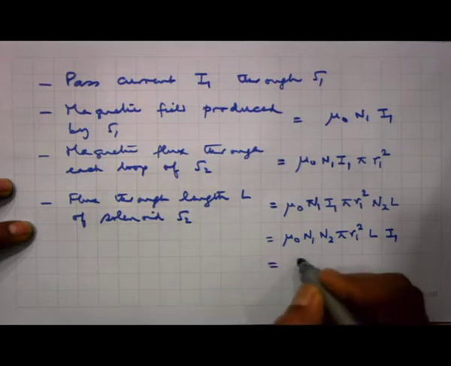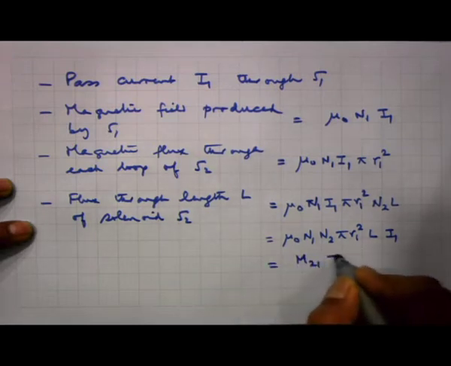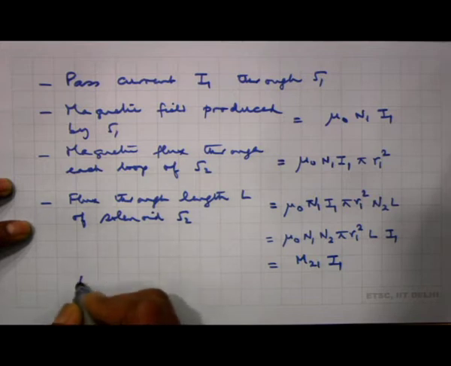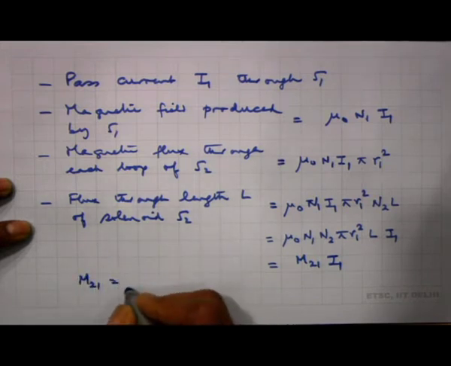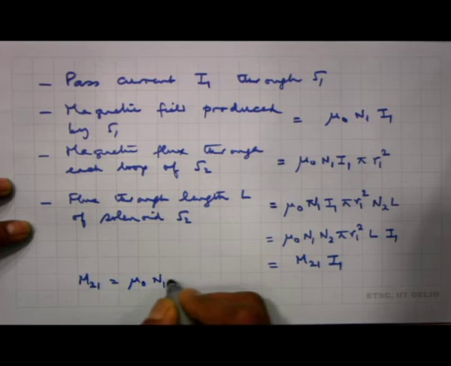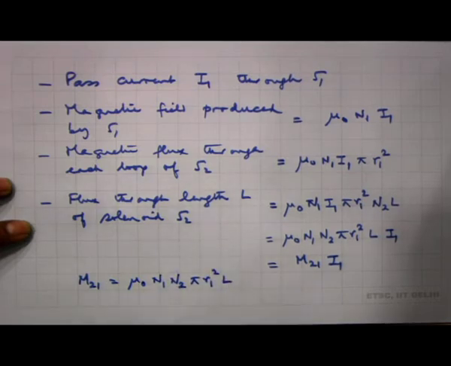I will write this as M21 I1, where in this example M21 happens to be mu naught N1 N2 pi R1 square L.